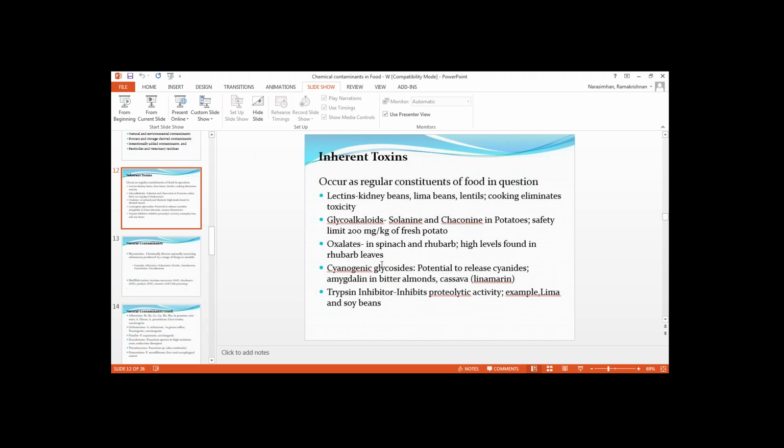Lectin. This particular toxin occurs in a wide variety of plants, including kidney beans, lima beans, broad beans, castor beans, soybeans, you name it, even in lentils. In many cases, lectins have no appreciable toxic effect.